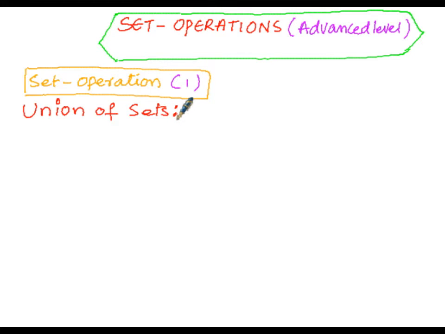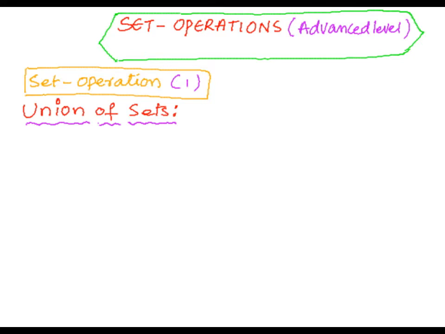In this regard, let us assume two sets, say A and B. Then the union of these two sets, A and B, will give us another new set which consists of the elements which are either present in set A or in set B, or present in both A and B.